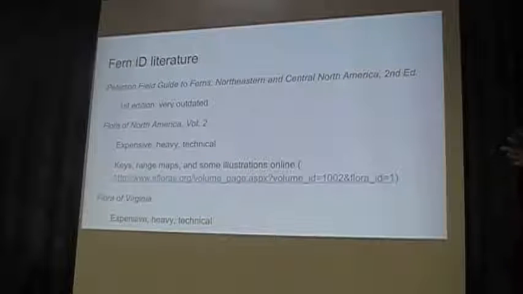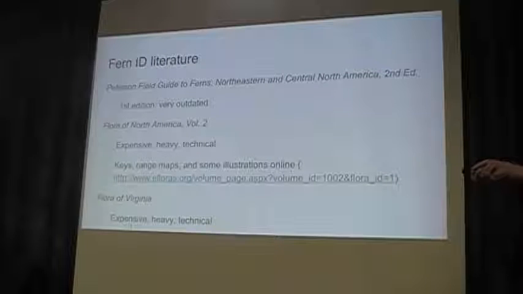The downside is that it's really expensive, like $100. It's really heavy and it's really technical. Like if you thought there was a lot of terminology this morning, that's a whole other world. So unless you get super into it, I probably wouldn't recommend it. The one useful thing is that all of the information is online for free.